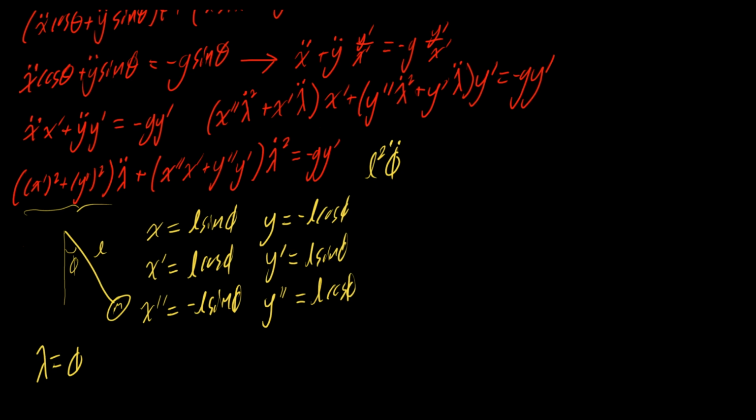And then here you're going to get positive L squared sine phi cosine phi. You'll see that this term will actually just be 0. And then on the right side, you just get negative g times y prime, which is L sine phi. And so solving for phi double dot, you get negative g over L sine phi. So indeed, this equation does work.